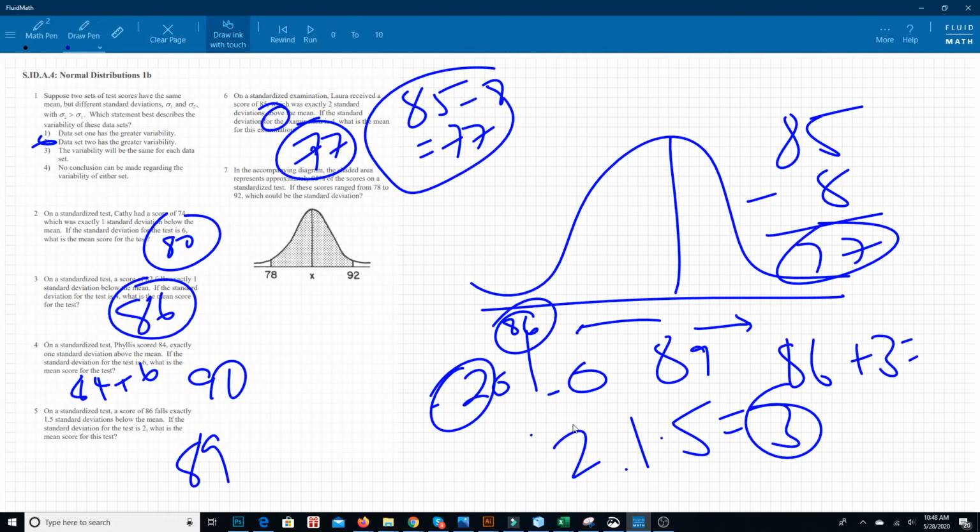So if the scores range from 78 to 92, so from right here to here, say it's 85 right here. Right here to here would give me 7. From here to here would give me 7. So we want to know, once this is 2 standard deviations, 2 standard deviations make 95%. Make that a little clearer for you guys.